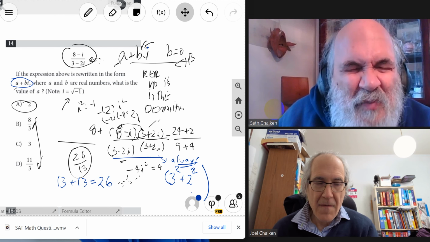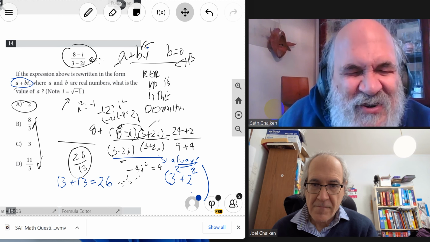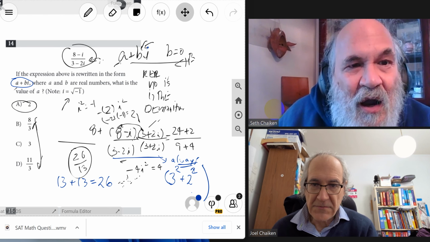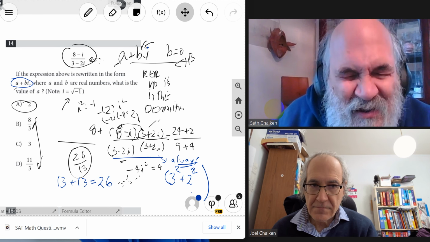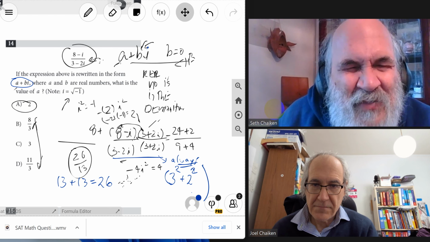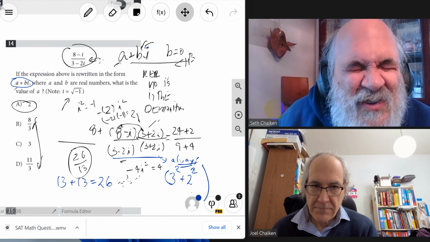Well, when you pick the multiplier to be what's called the conjugate divided by the conjugate, the product of the two denominators is always going to be the square of the real component, in this case 3, plus the square of the imaginary component, which in this case is 2.